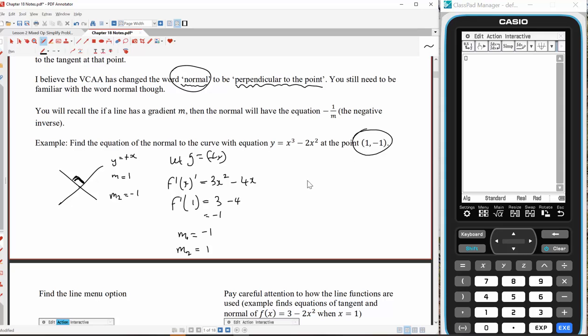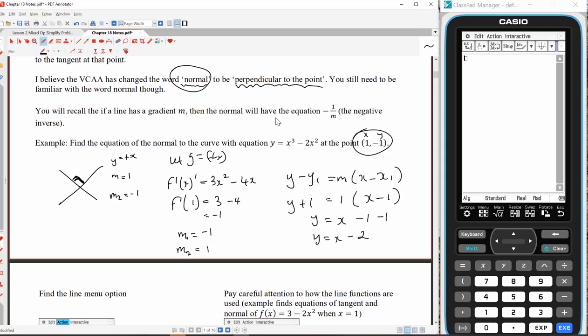Right, and we've been given the point here, so we're going to go y take y1 equals m times x take x1. Now what we will do is sub in that point, so there's our x and there's our y. So we're going to go y plus 1 equals 1 times x take 1, so y equals x take 2.